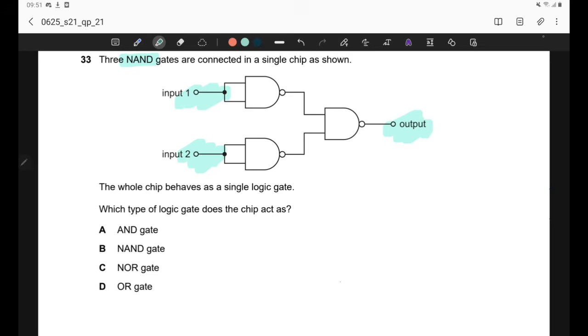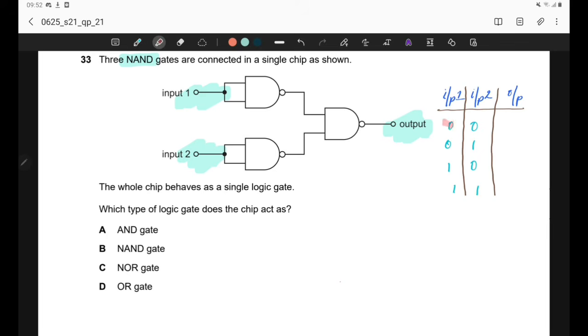Let's check that first. So we have 2 inputs, input 1 and input 2, and 1 output. So we can see what will be the output for different possible input combinations. So the possible input combinations are 0 0, 0 1, 1 0 and 1 1.